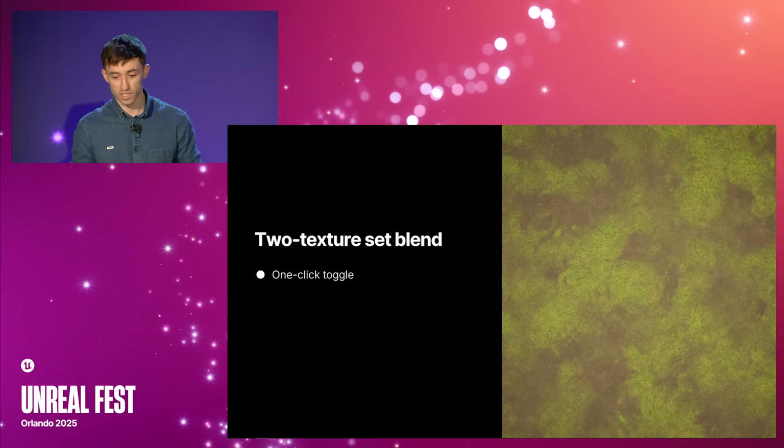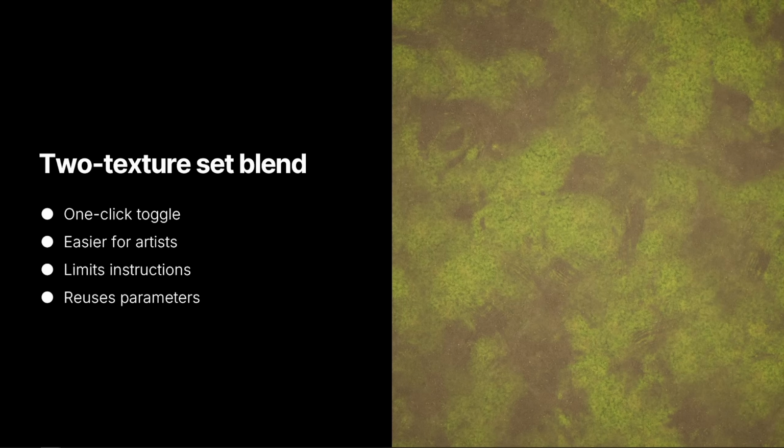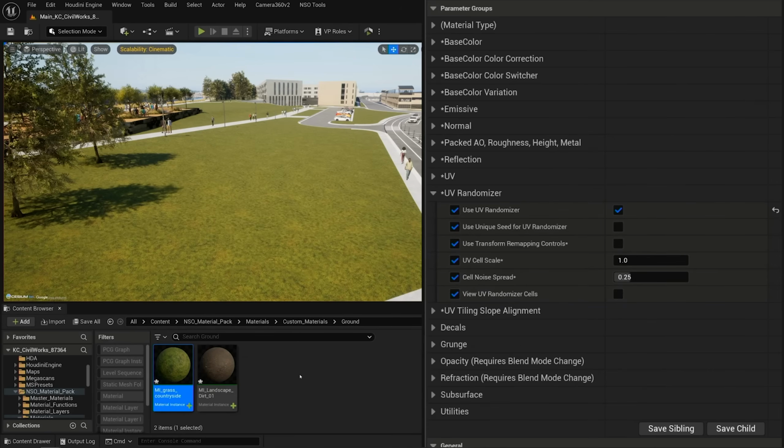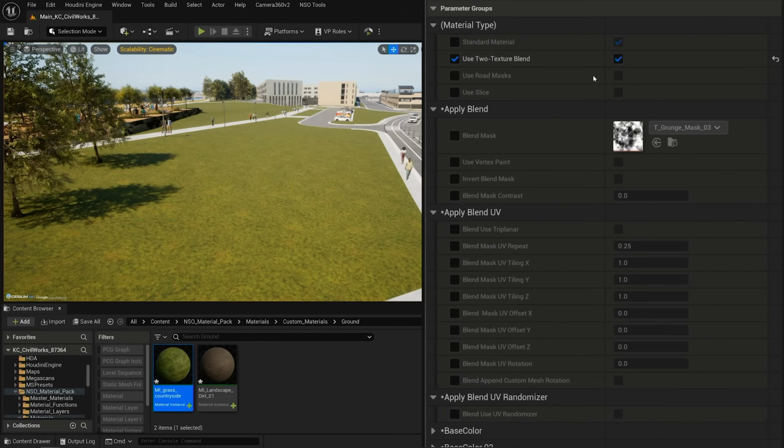This is again a one-click toggle. We find this to be easier for artists to use. It limits instructions because it's easier for us to pipe in information upstream. And we can reuse parameters as well. So in this example, I have grass on this field, but I want to add dirt to it as well. So I can simply go up to the material and say I want to add a two-texture blend.